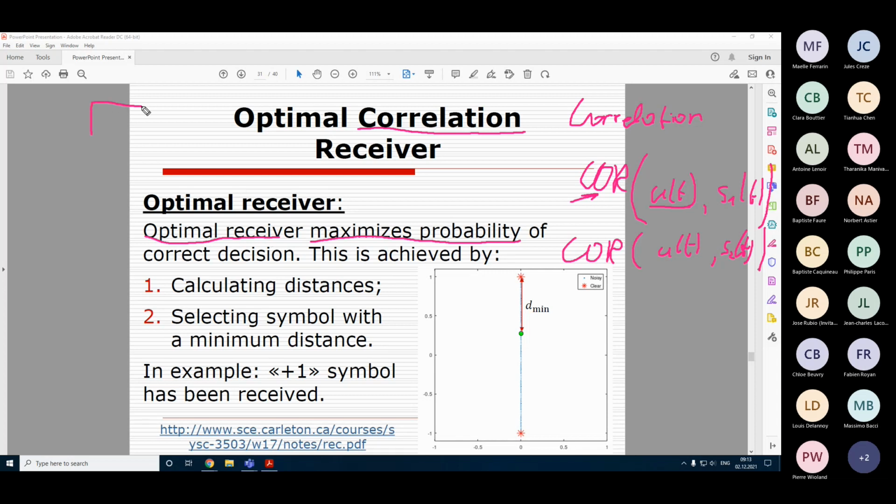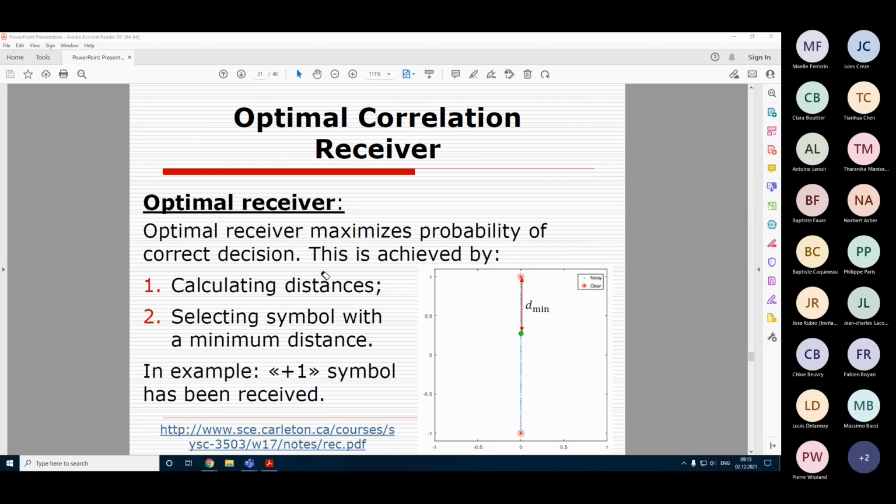We tried to compare our pulse signals with some threshold, as we imagined. We tried to use averaging in our second practical exercise. Those were also types of receiver, but calculating the correlation gives the best result. So let's see how it works.